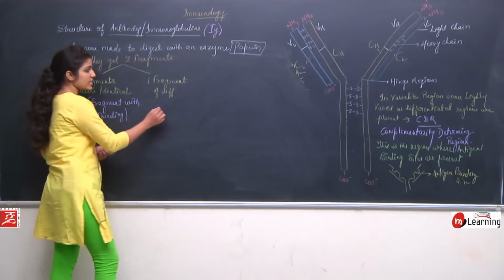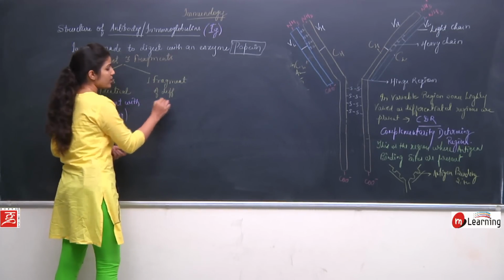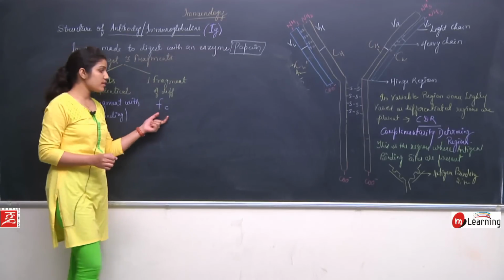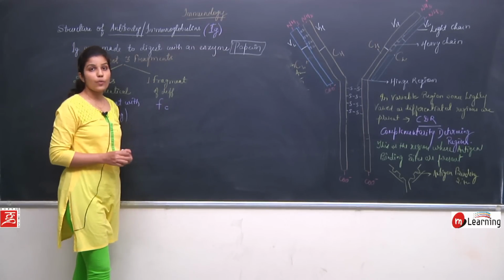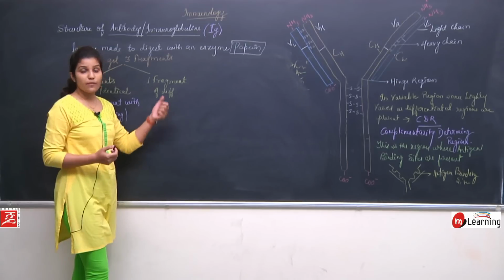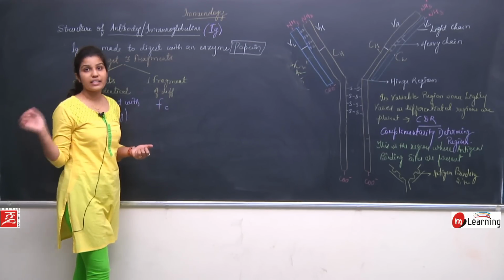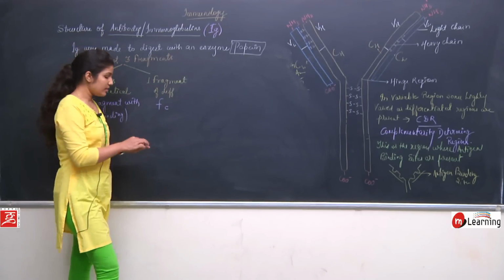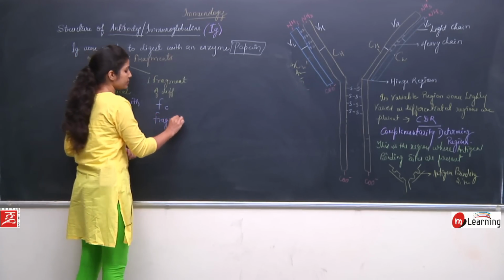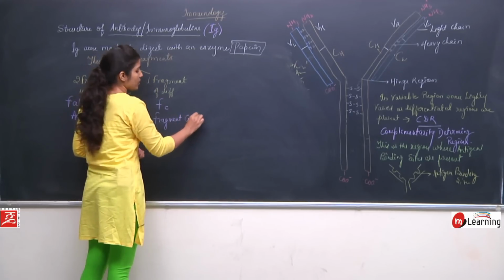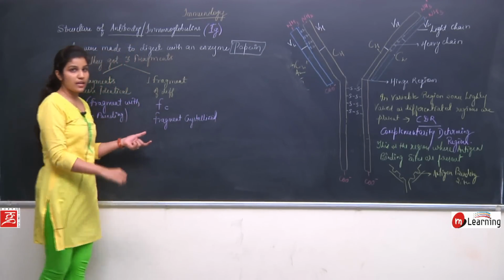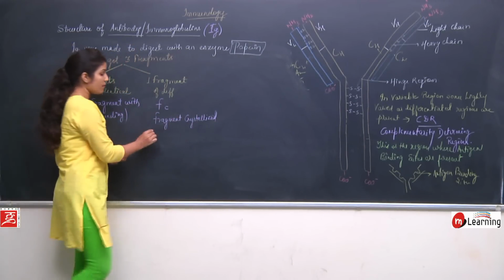And this single fragment is named FC. Why is it named FC? Because when they kept this fragment in cold storage, it crystallized. That's why they named this fragment as fragment crystallized. FC, fragment crystallized. How did they know?